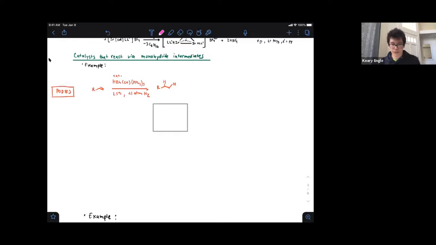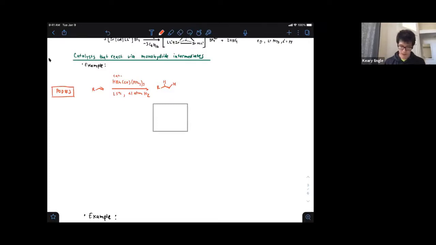So first, let's take a look at the electron count of this pre-catalyst and also what the structure would look like in 3D. And then let's rationalize this empirical trend based on the mechanism. This is illustrative of this broader category of reactions that function via monohydride intermediates.